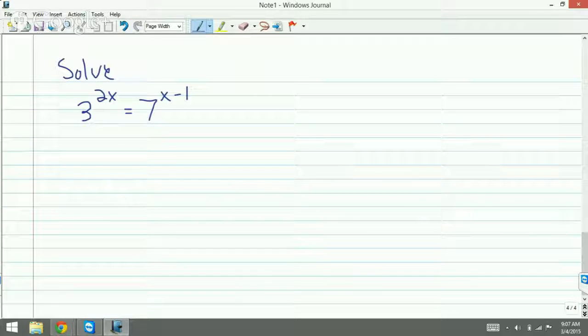Do you see x's and exponents? Oops. Take the natural log of each side. This allows me to do something with those exponents.